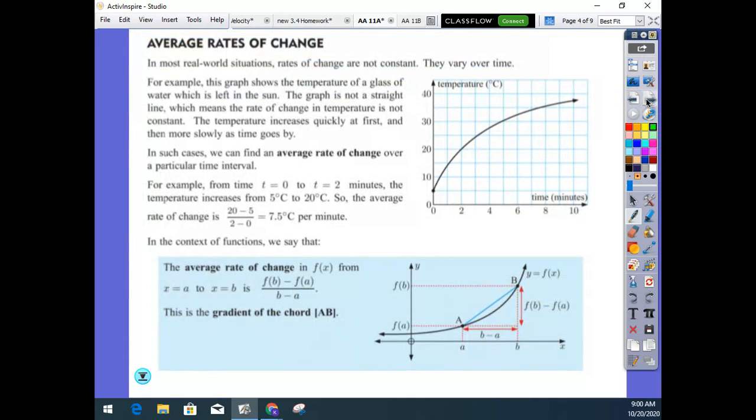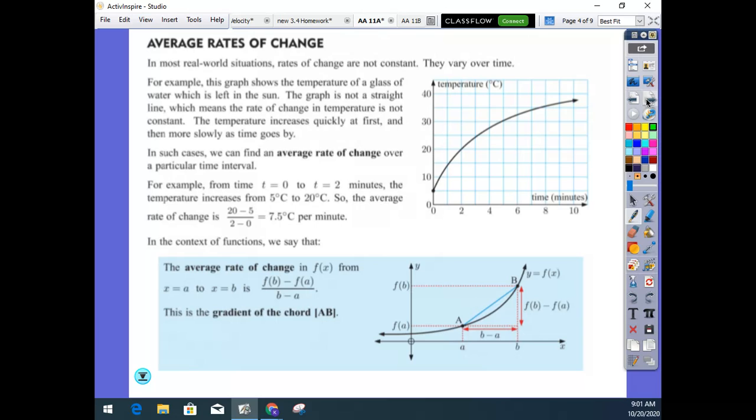All right, so if we look at this graph here, if we want to find an average rate of change over a particular time. So I want you to think about if you were to travel to Cedar Rapids and you started in Waterloo, you have stoplights, you kind of speed up, slow down.